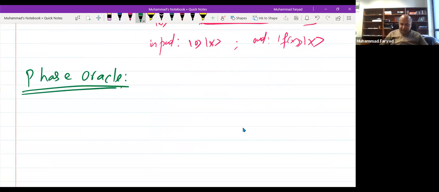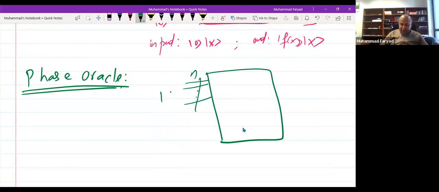So this phase oracle is a circuit like this that has n inputs that go to the output as they are. But then this input, which is sometimes called the ancilla input or auxiliary input, is tied to the minus state.